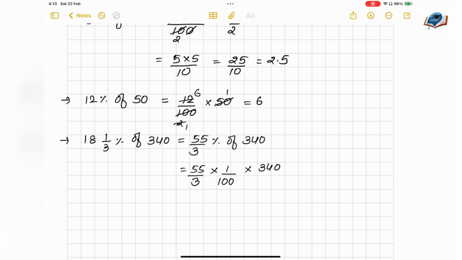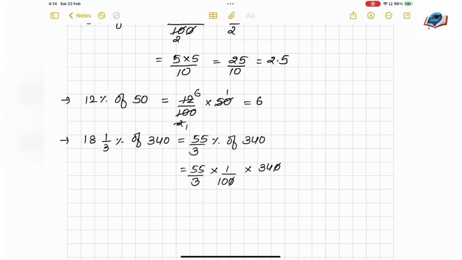Or I could have written 55 upon 3 into 100 also. Both were right. So 0 is getting cancelled. Now nothing else is getting cancelled because 3 and 34 won't cancel. And never try to cancel 0 in the denominator, because if it remains then it becomes tough and we need to divide a bigger number.